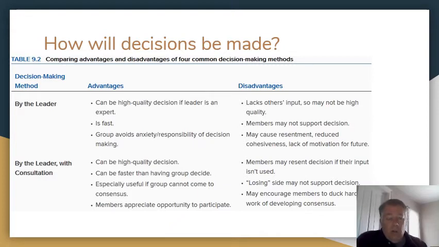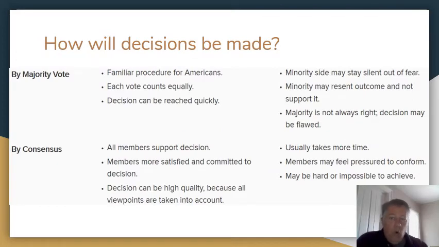The leader can just make that decision by himself or herself alone. He or she can consult with the group, and then make the decision. Or you can just do it by vote. For your group of 6 people, a majority vote would have to be 4 people. 3 against 3 wouldn't count.